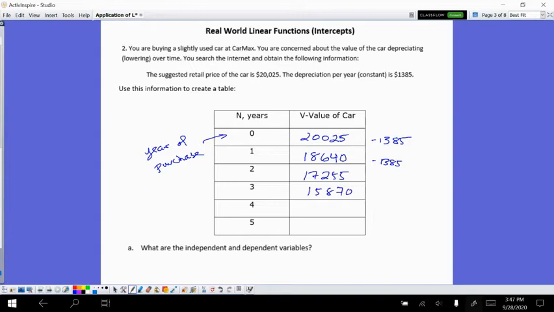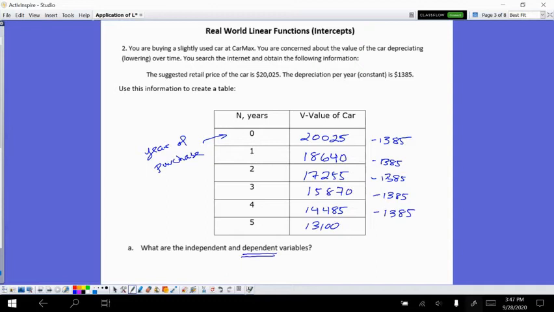Because that loss of value is constant, it stays the same, anything with a constant rate of change is linear, and we're going down the same amount every year, so we know this is linear. As we're writing our equation, the first thing we want to consider is what are the independent and dependent variables.